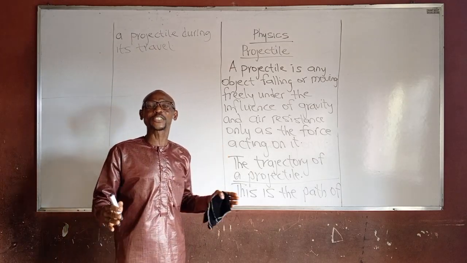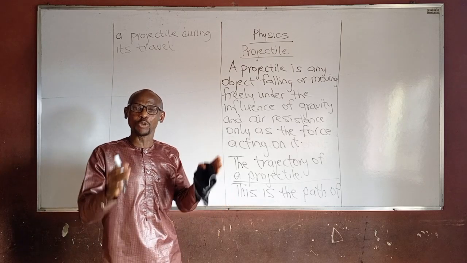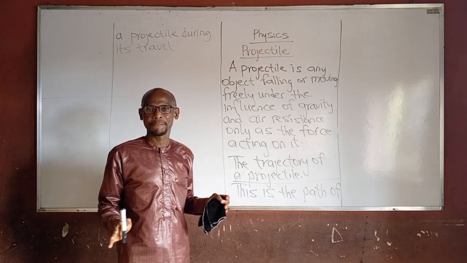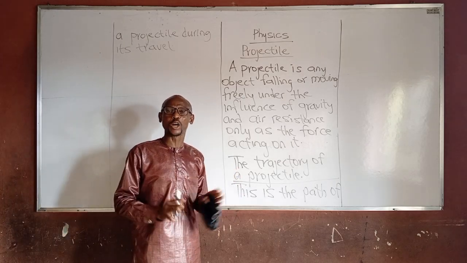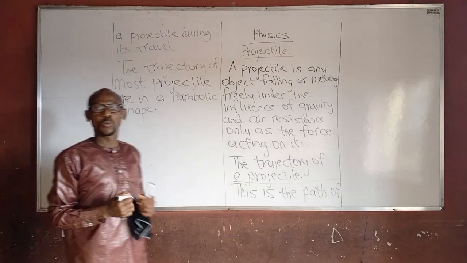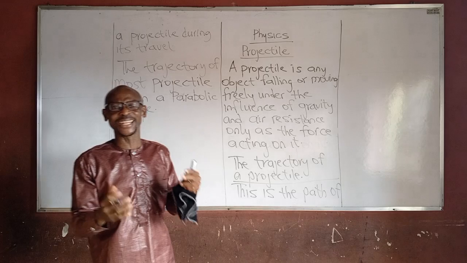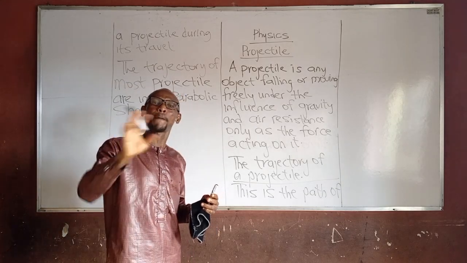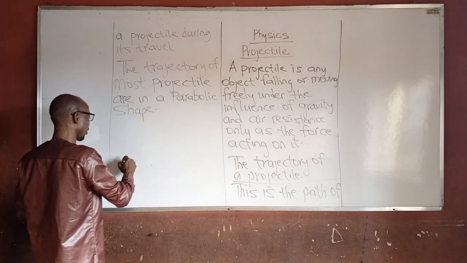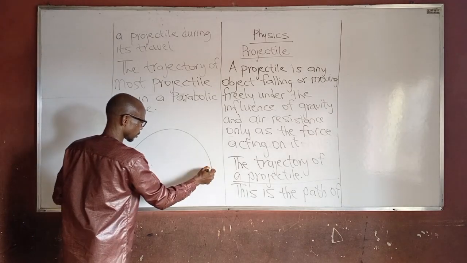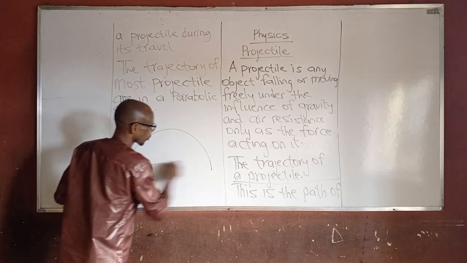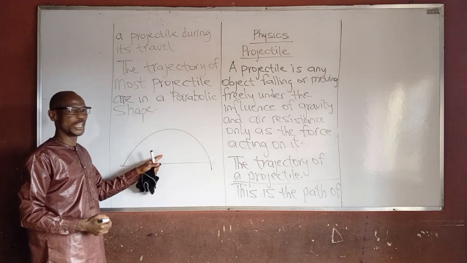Most trajectories of projectiles in real life are usually in the shape of a parabola. The trajectory of most projectiles is in a parabolic shape. We say that the trajectory of most projectiles in nature is usually what? Parabola. And this is basically a shape like this. A shape in this form. This is a parabolic trajectory.